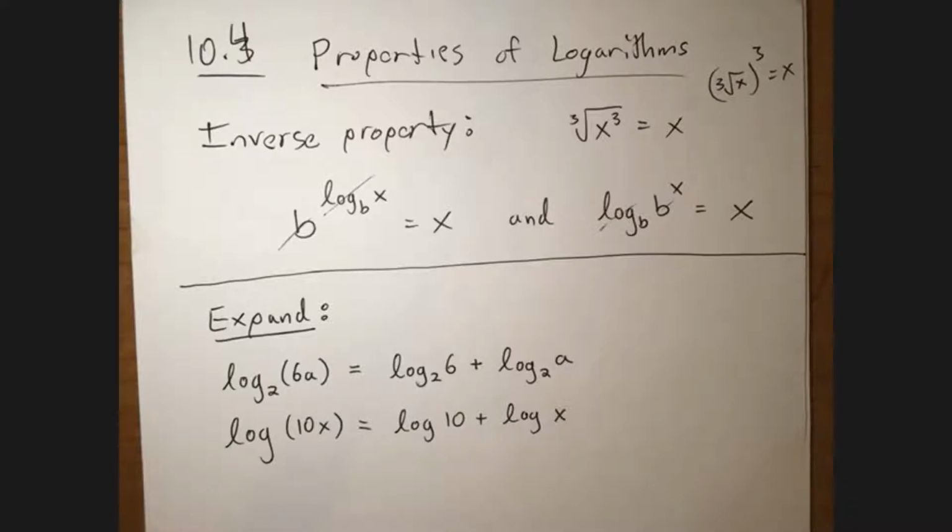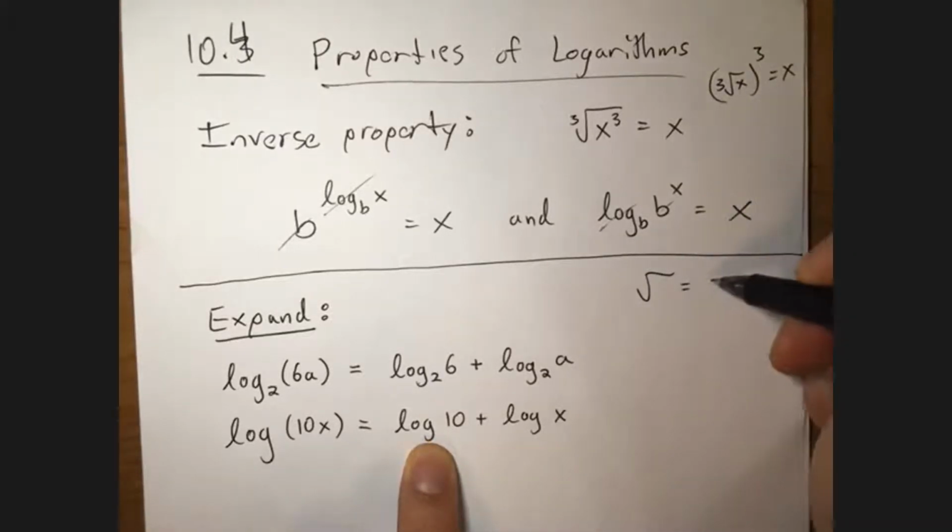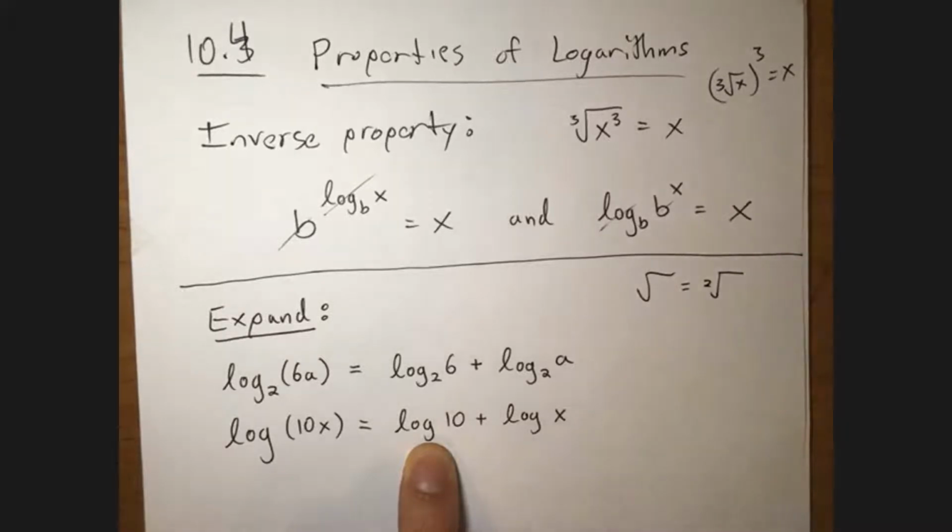You see why? This is log base 10. When I don't write a base, it's implied that it's base 10. Just like in the square root, if I don't write an index, it's implied that it's the square root. When I don't write a base, it's implied that this is log base 10.